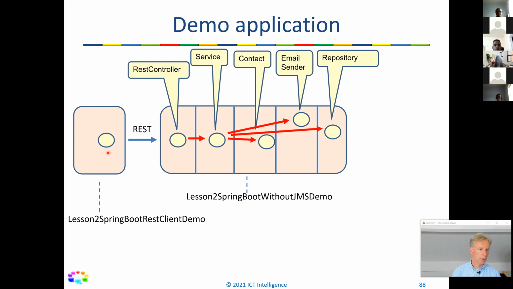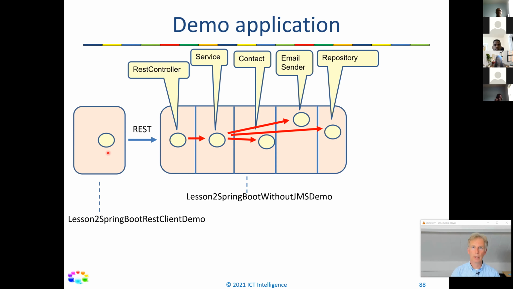What do we really mean when we say standalone application? An application that does not run in an application server or a web server. Plain Java. Your first Hello World Java application with a main where you say System.out.println Hello World.